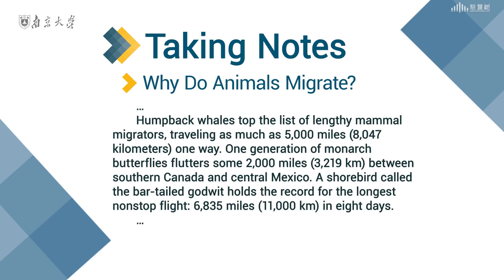Humpback whales top the list of lengthy mammal migrators, traveling as much as 5,000 miles or 8,047 kilometers one way. One generation of monarch butterflies flutters some 2,000 miles or 3,219 kilometers between southern Canada and central Mexico.